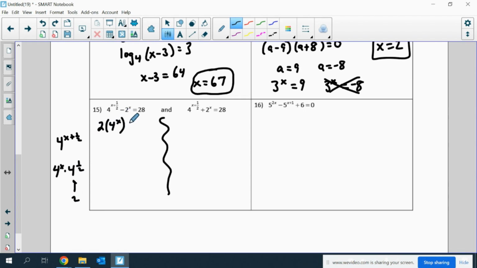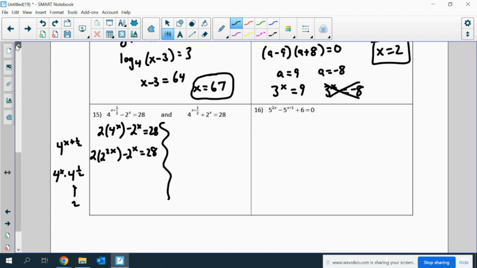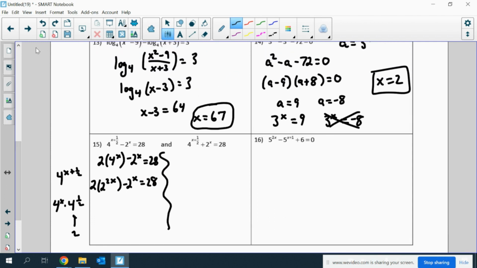So this is like 2 times 4 to the x minus 2 to the x equals 28. And 4 to the x is really 2 to the 2x. So now it ends up looking a lot like this problem, number 14.